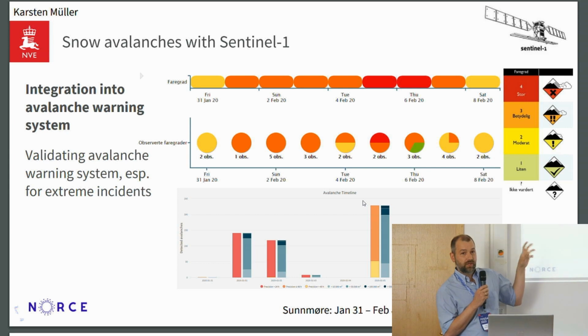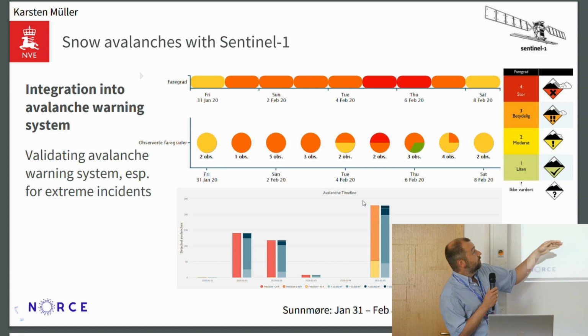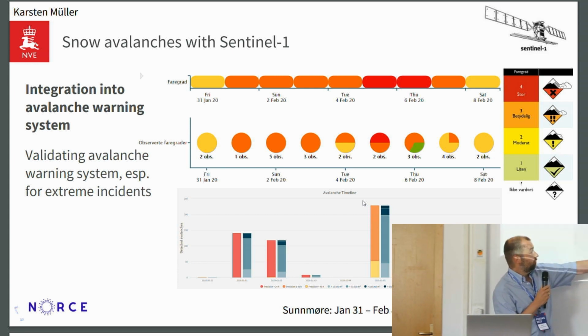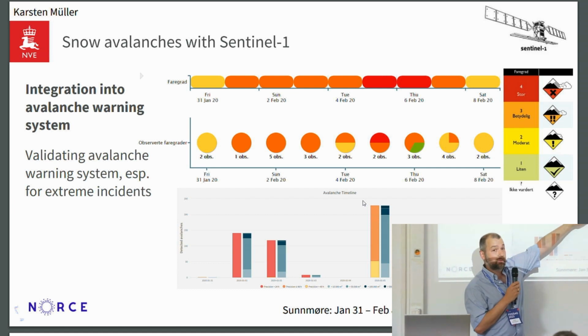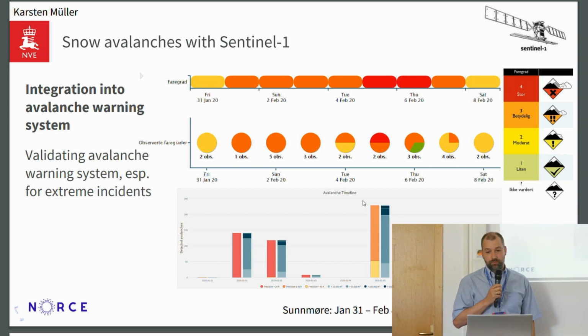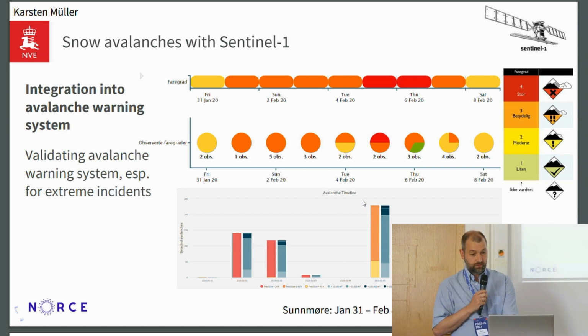So the aim is to get satellite and remote sensing information into the warning systems to improve them. You see, for example here, that it matched quite well: where we had the highest actually observed risk for avalanches, the largest number of avalanches were also detected.